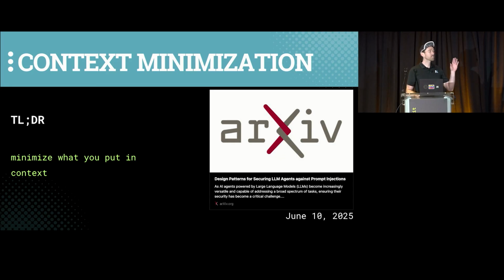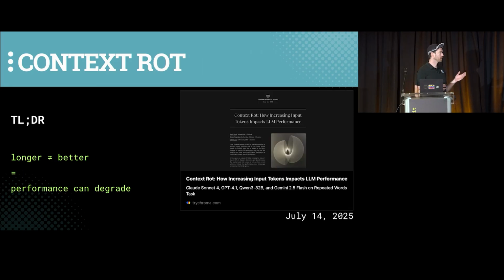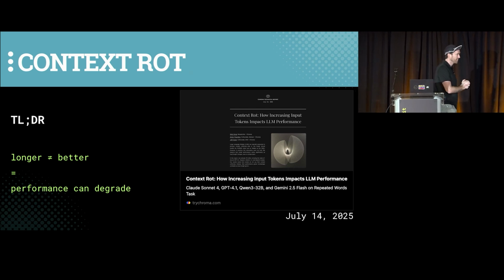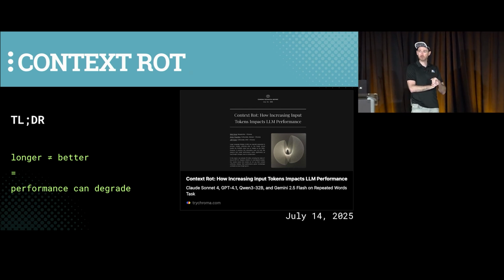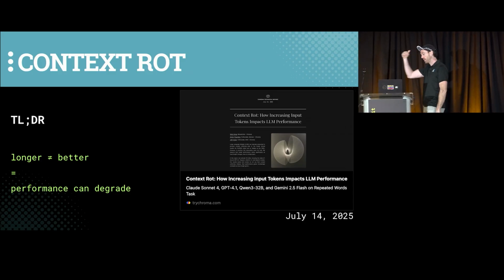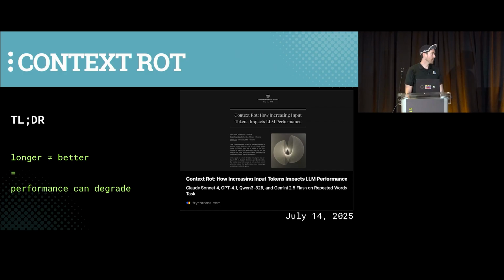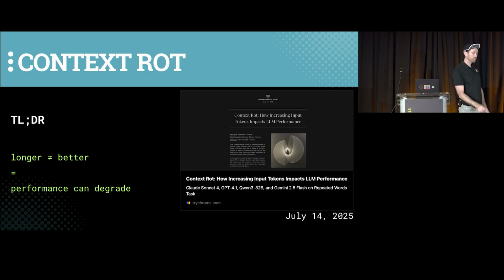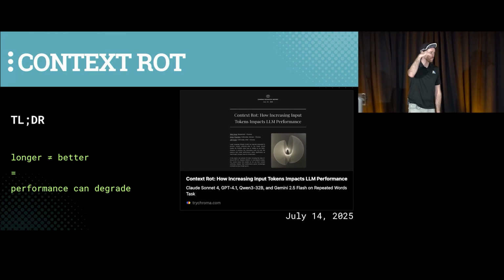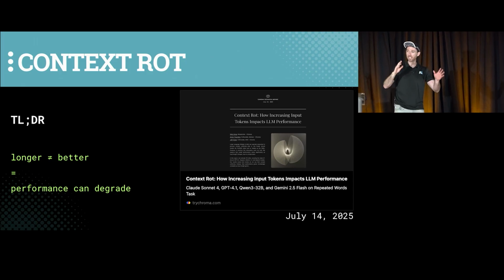And there's also really fun stuff people have done on context rot. This is such a great term. Shout out to ChromaDB for coming up with this. They basically made the LLM say apple, apple, apple, apple, and told it to keep saying this over and over.